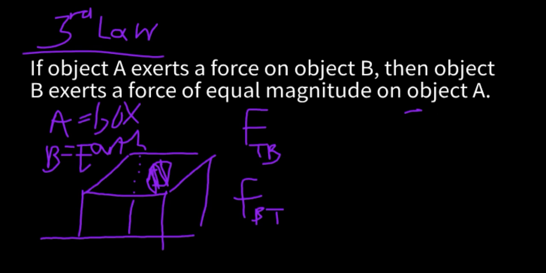So the box really pulls up on the table, kind of like it pulls up on the Earth as well. But again, we don't really notice the Earth part of it because the Earth has such a massive mass. And one more, let's say we've got the force of the Earth on the table. What is the reaction force? That would be the force of the table on the Earth.